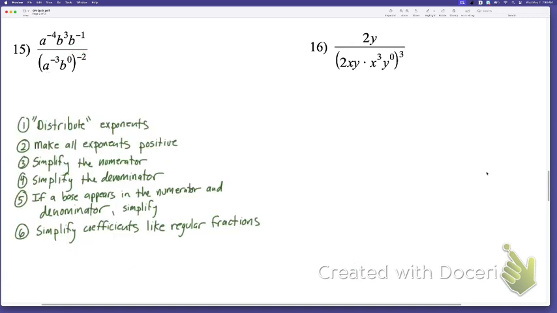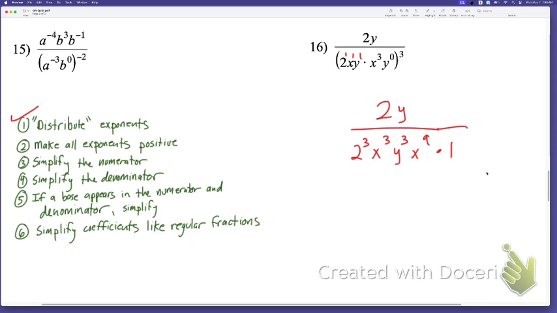Okay, 16. So let's see, distribute any exponents. Yes, we can do that in the denominator. So 2y over, I think it's helpful to write these are all to the first power. So we'll have 2 to the third, x to the third, y to the third, x to the 9th, y to the 0. Oh, y to the 0? That's just 1.